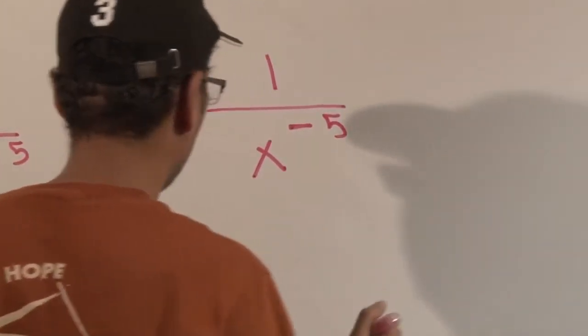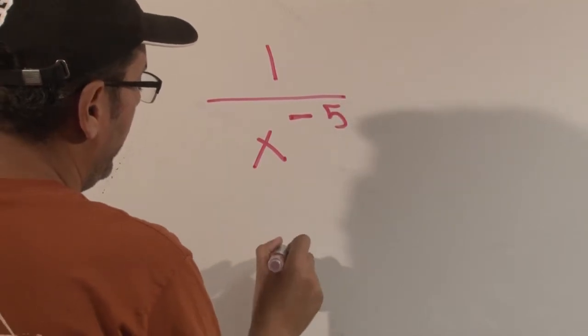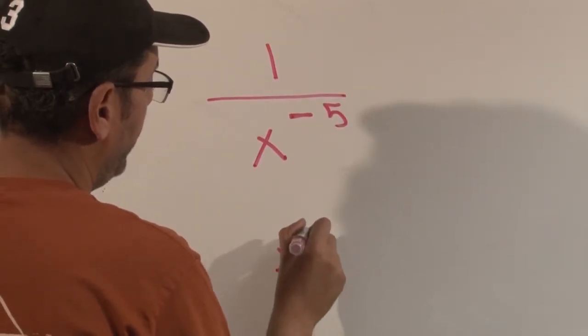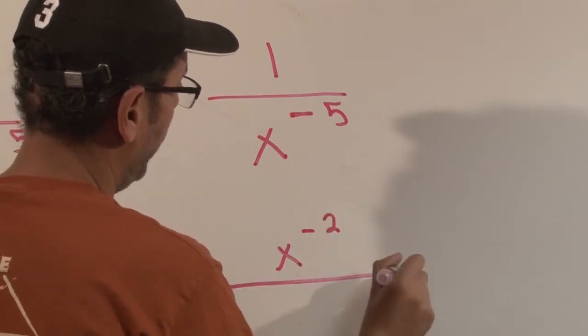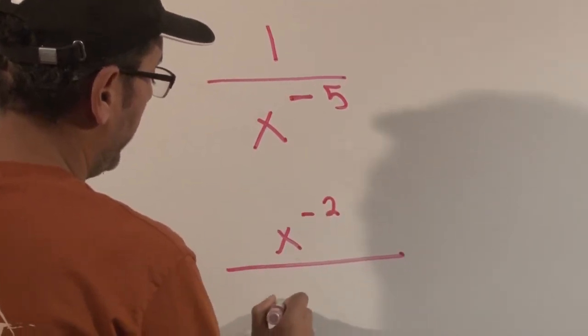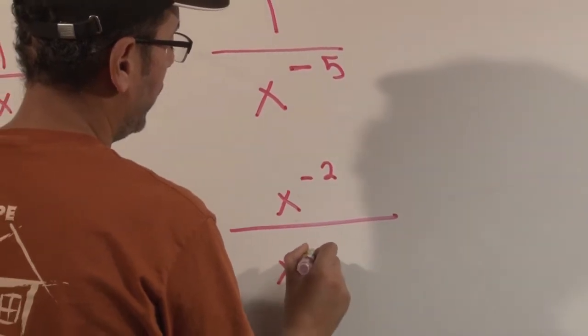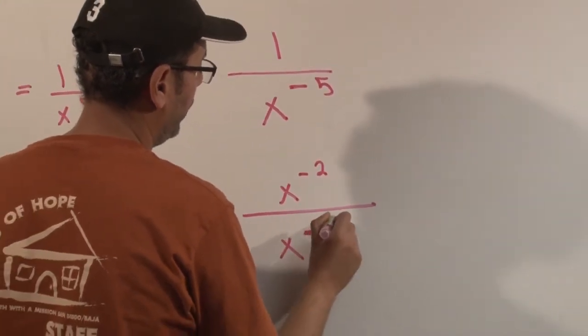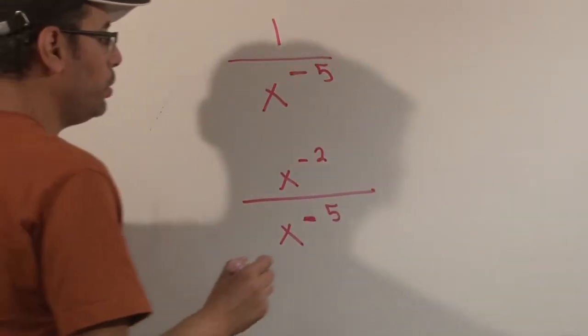Let's suppose this is x power of negative 2 divided by x power of negative 5. What should I get here?